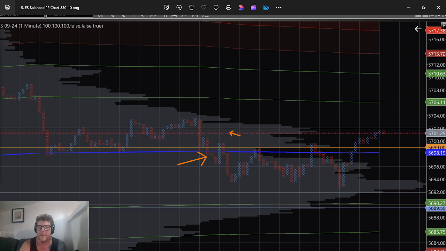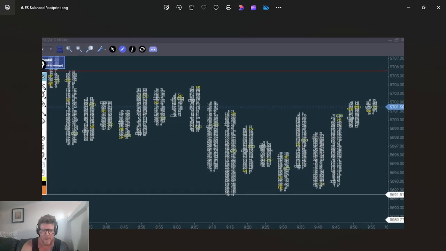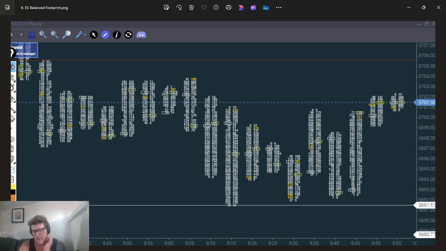Okay, let's see. I want to get into some of the footprints here. I believe this next one is from a trade that I wanted to share with you guys. Talking about absorptions, during a low volume range day you don't always see the stacked imbalances on the footprint.